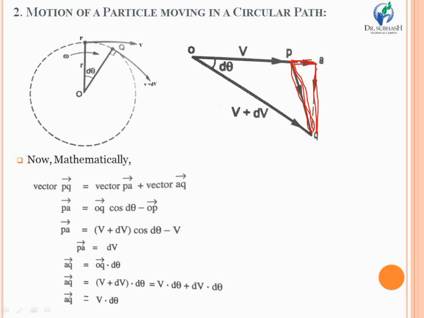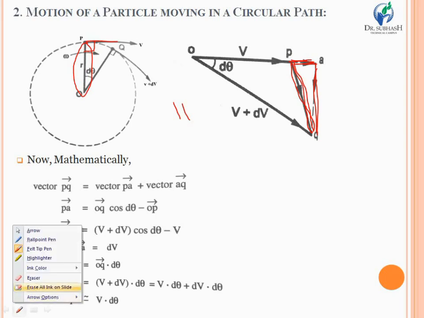Strictly, one vector should be drawn parallel to link OP and one perpendicular to OP. That means vector PA over here is perpendicular to link OP, and vector AQ is of course parallel to that particular link OP.